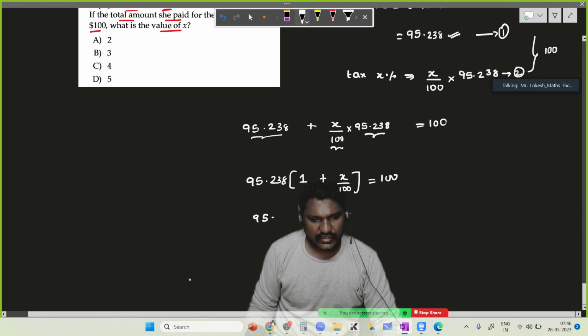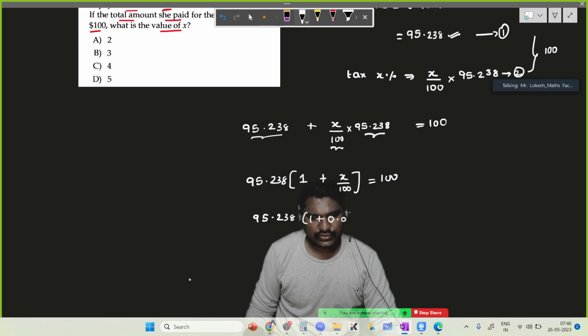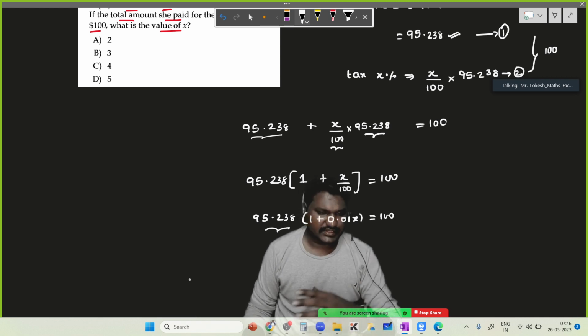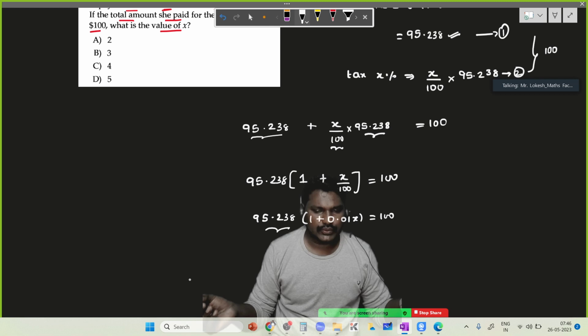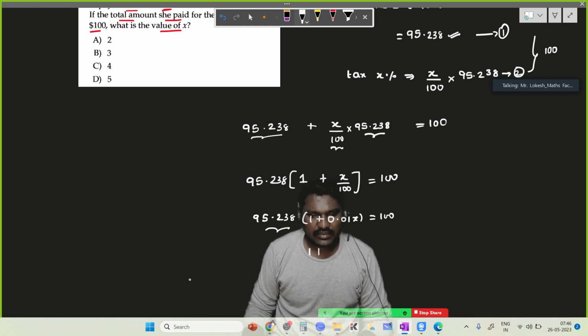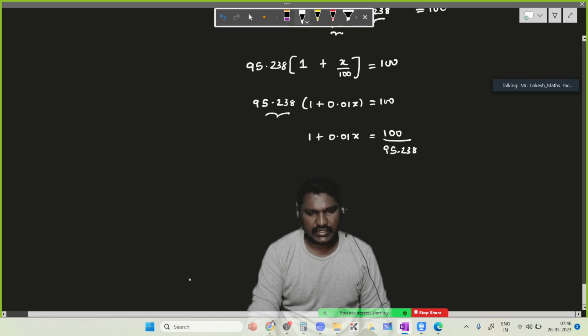So 95.238 into (1 plus 0.01 times X) is equal to 100. If we divide by 95.238 on both sides, it will become 1 plus 0.01 times X is equal to 100 by 95.238.